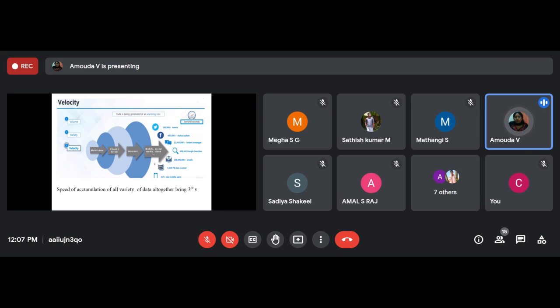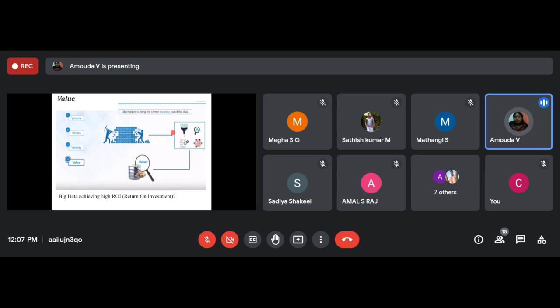We have explained everything: internet speed, accumulation of a variety of data together with velocity. Then value is return on investment. What is the value of the data accumulated? How do you get the value of the data? That is only by using the mechanisms, tools, or techniques to analyze the data.